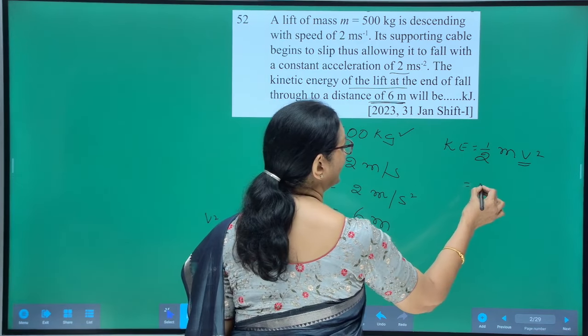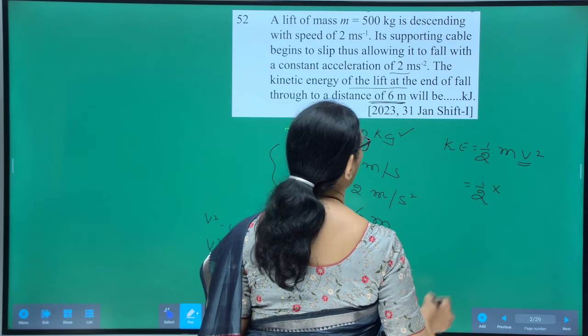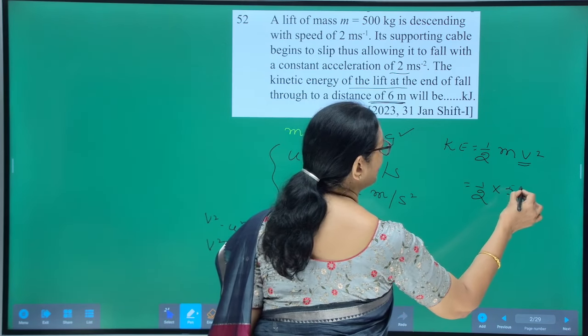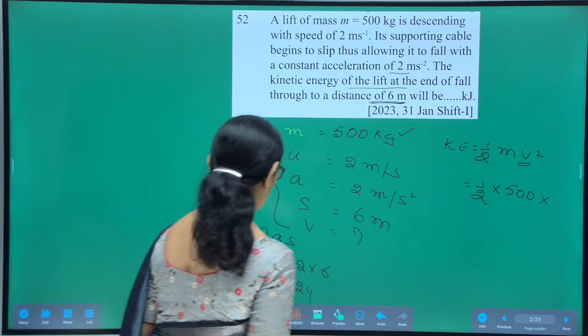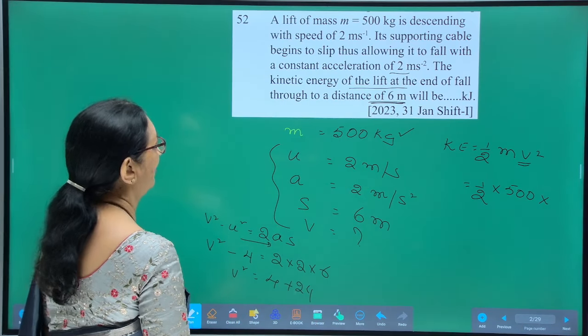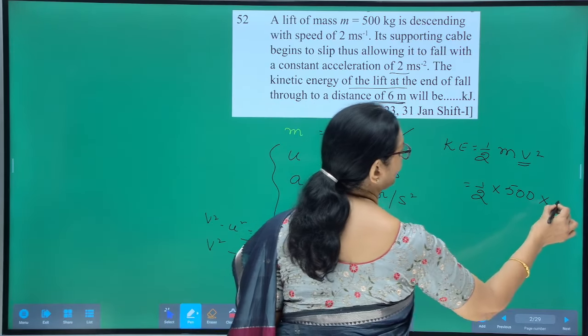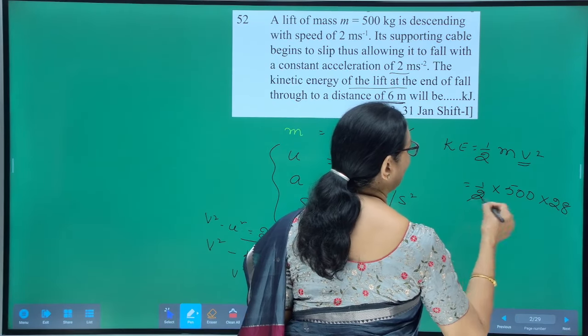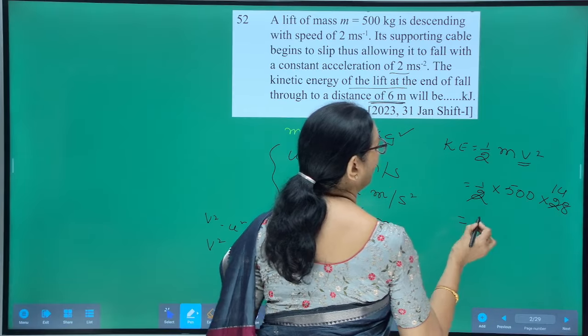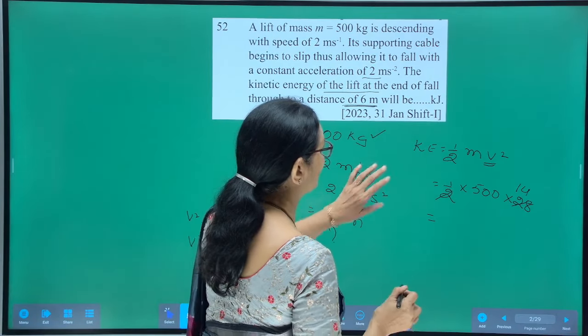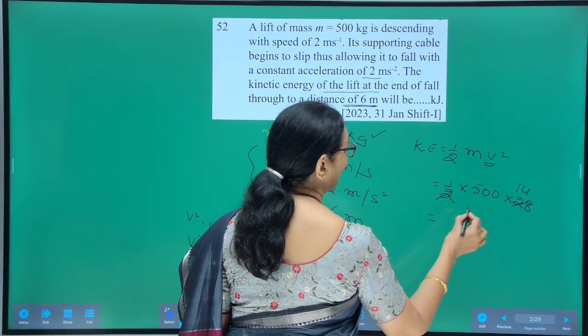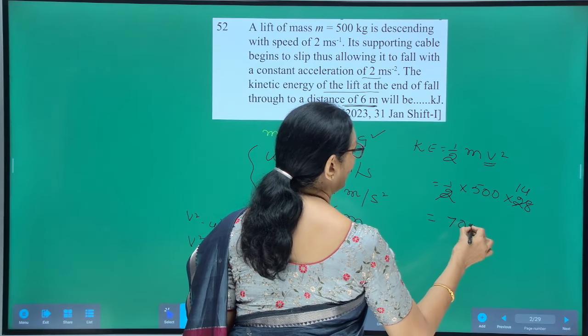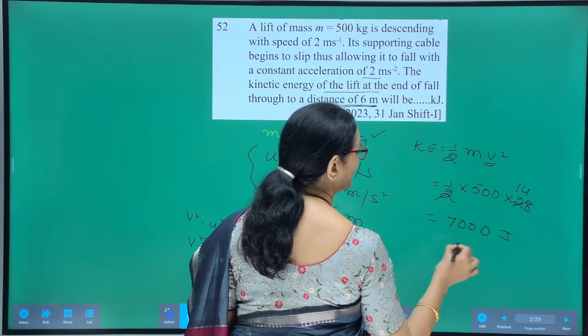Substituting that v square, half into mass 500 into 28. It is 14 into 5 is 70, so 7000 joules.